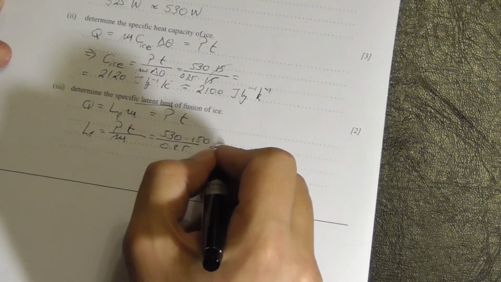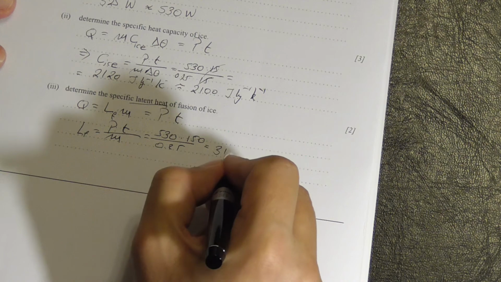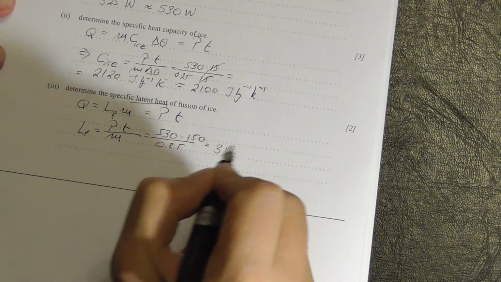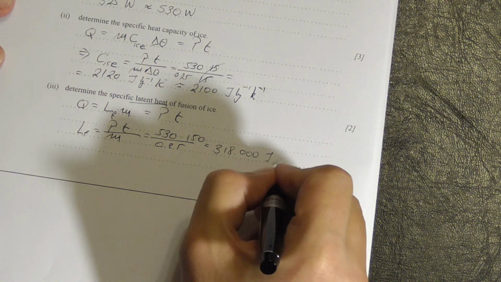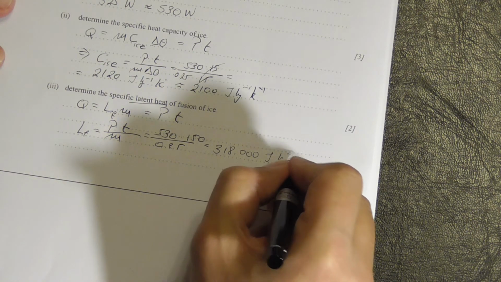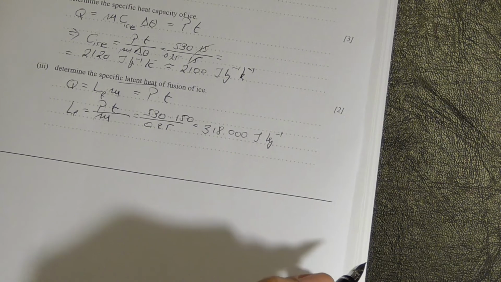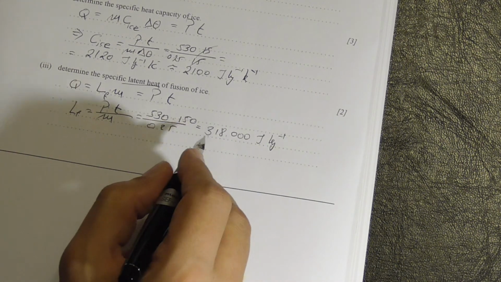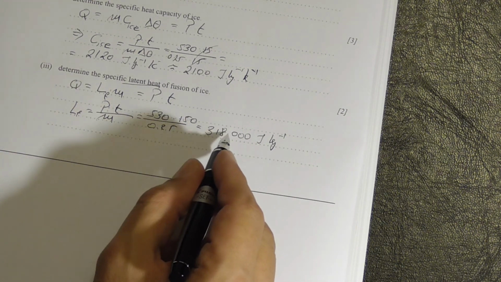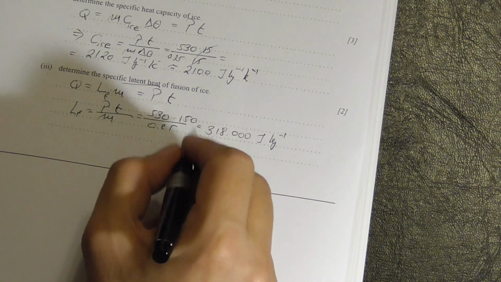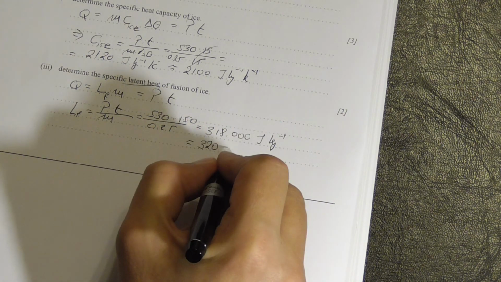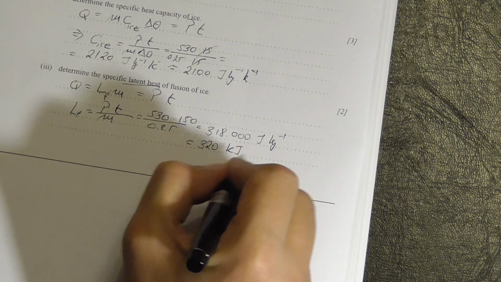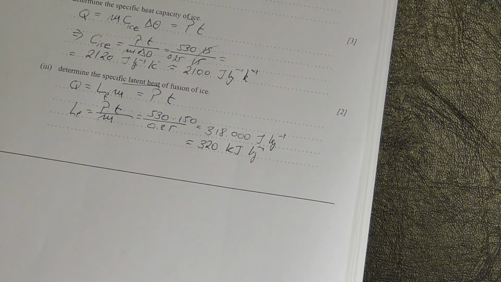I need to show my work. 318,000 joules per kilogram. I can round this to two significant figures and I can use the thousands as a kilojoule. So this is 320 kilojoules per kilogram. That's it. Thank you.